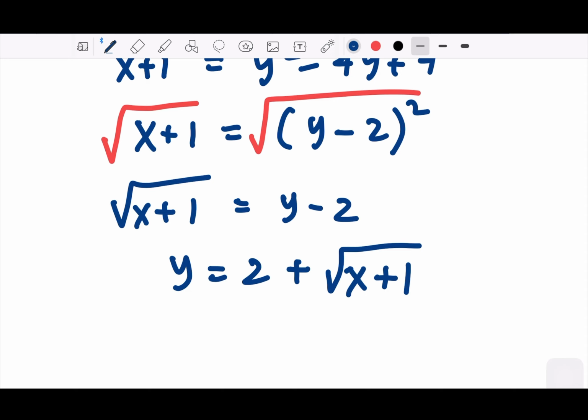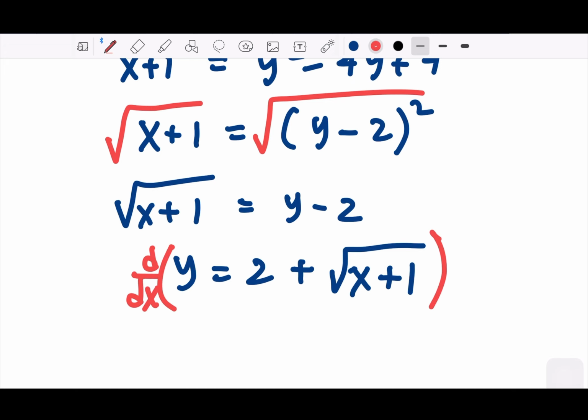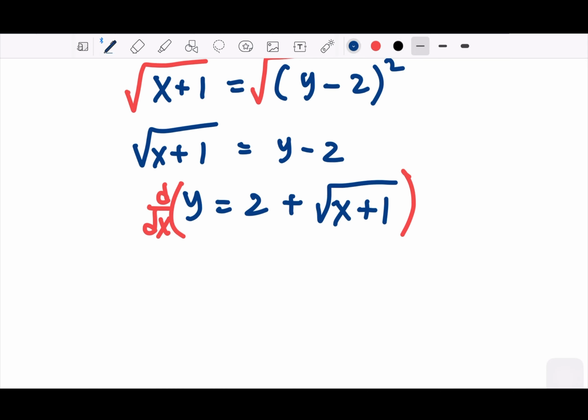Sometimes this also can help if you want to eliminate the parameter. And you will get directly the expressions in terms of y as a function of x. And of course, if you would like to check the tangent, you can apply just normal derivatives, and so it's also true.